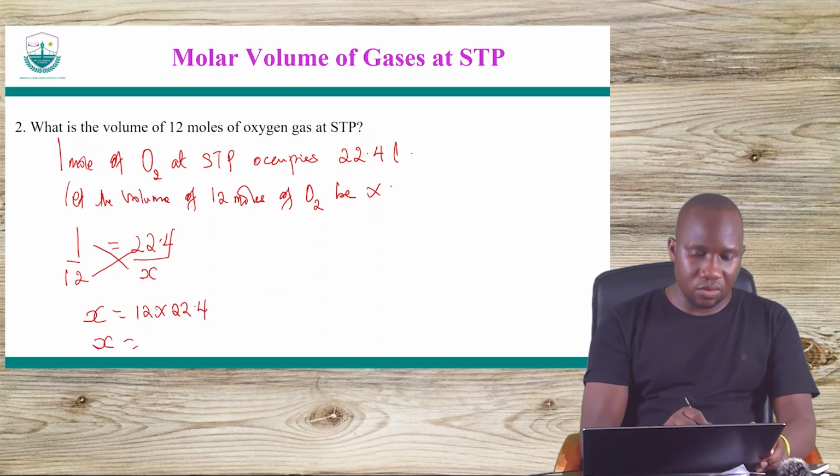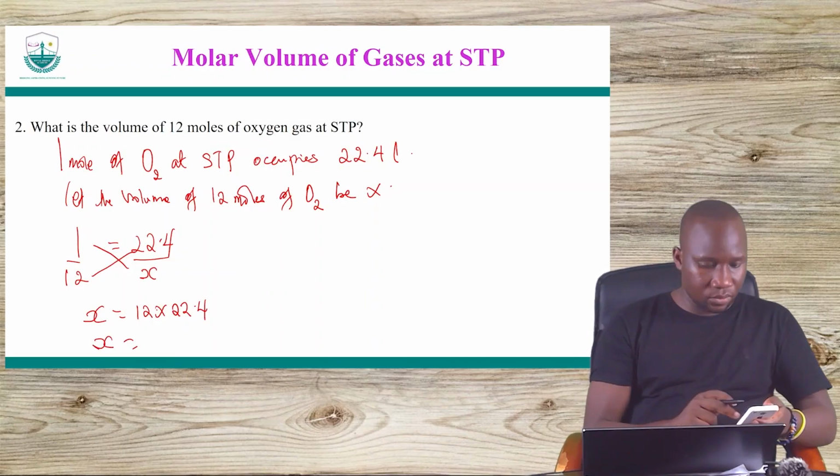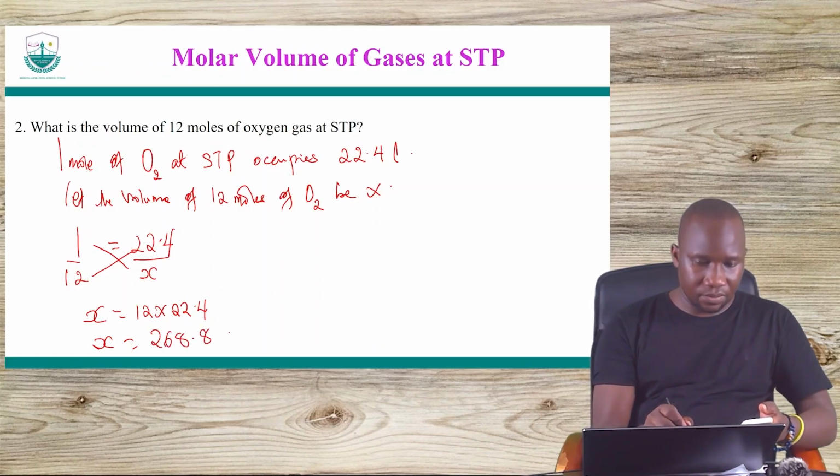So this will be equal to 12 times 22.4, which is 268.8. That is the volume.